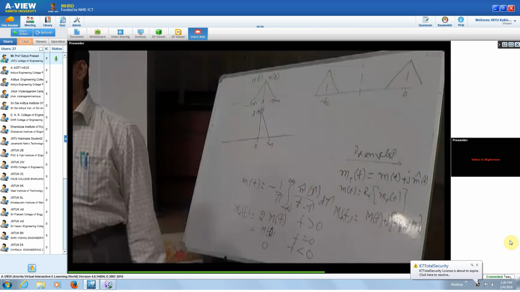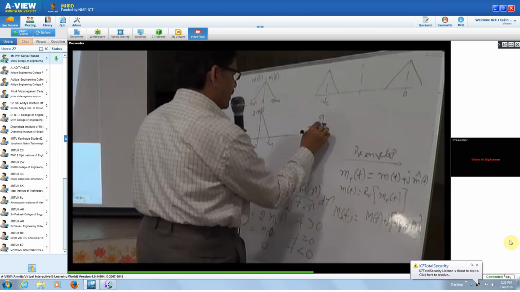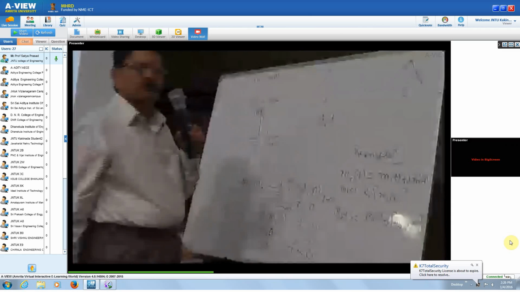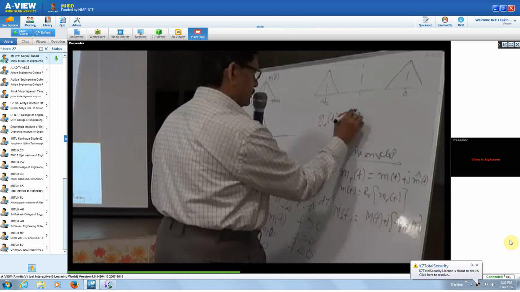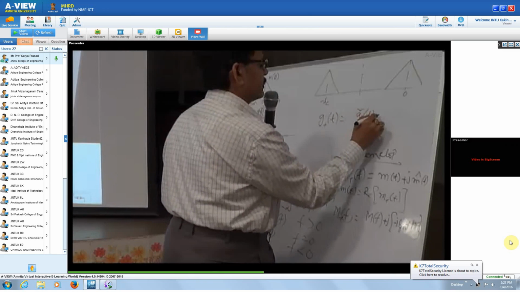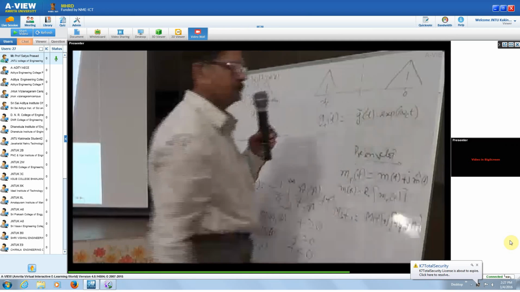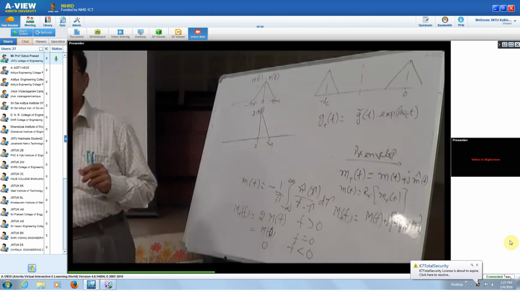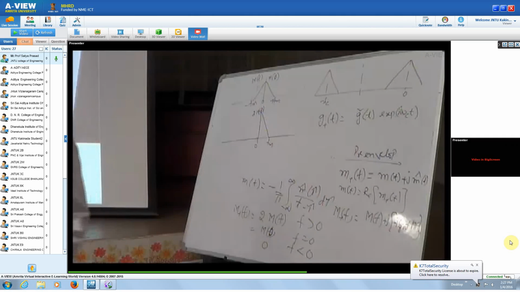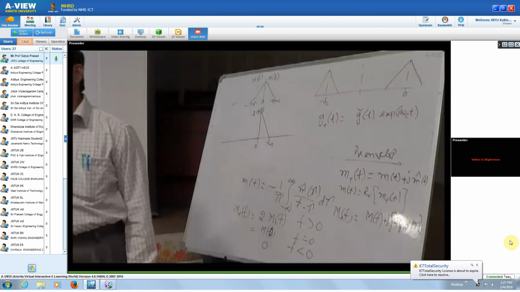For this band pass signal, let us define the pre-envelope G plus of t as G hat of t exponential omega ct, where G hat of t is a complex function, having both imaginary and real parts.